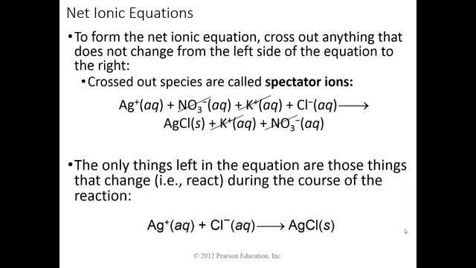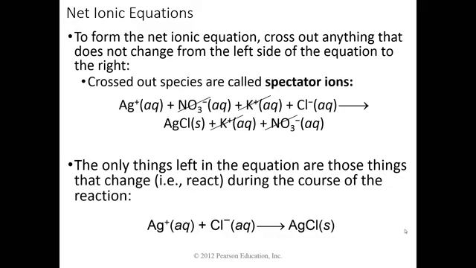The net ionic equation represents the reaction you actually witness when you mix these two solutions. The ions that you cross out in the total ionic equation are referred to as spectator ions. These are ions that came to witness the show but not participate.